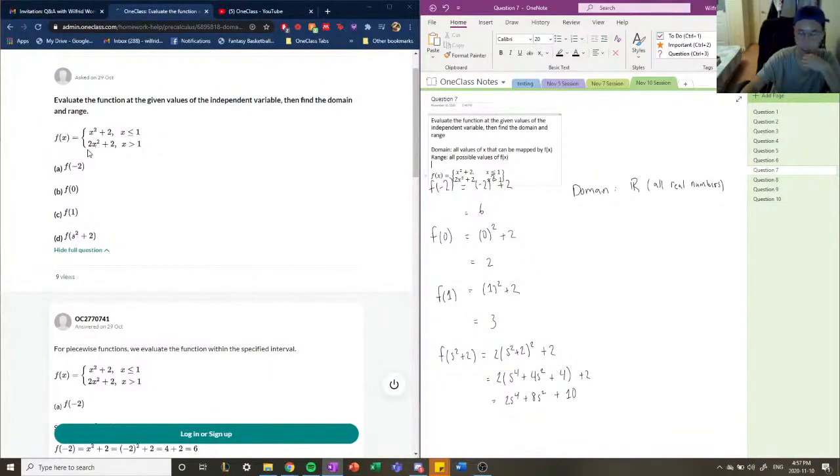The second function is the same thing, right? Any negative number squared is positive. Positive times positive is positive. Plus another positive number is positive.